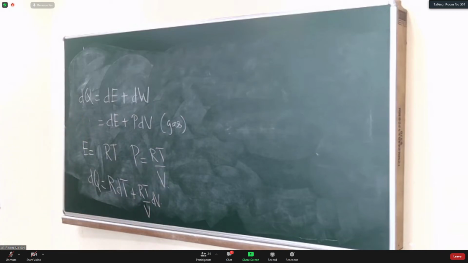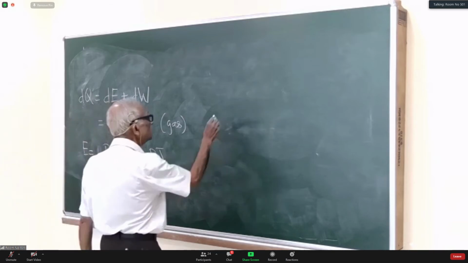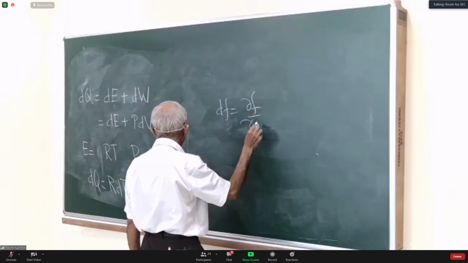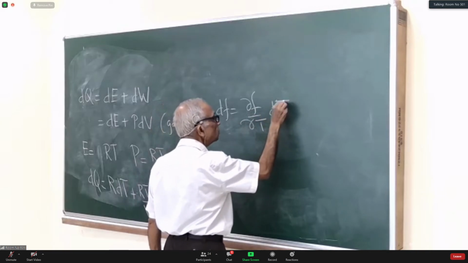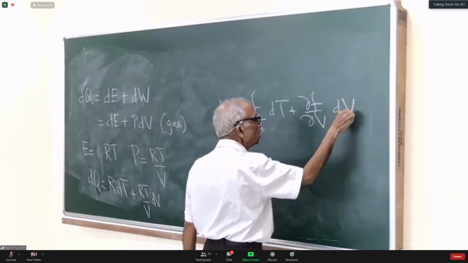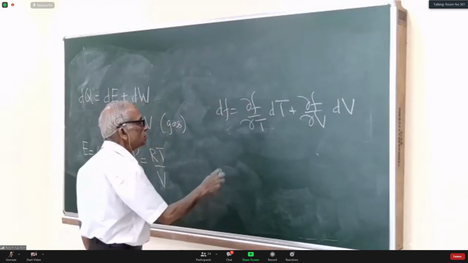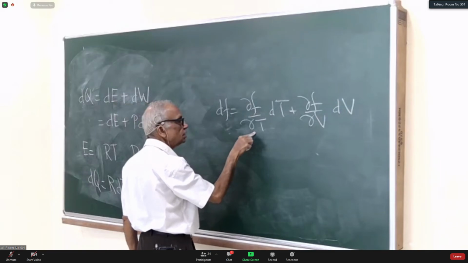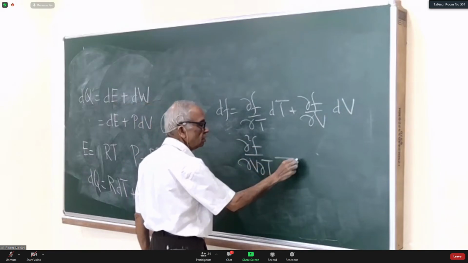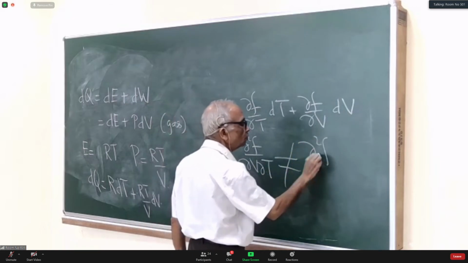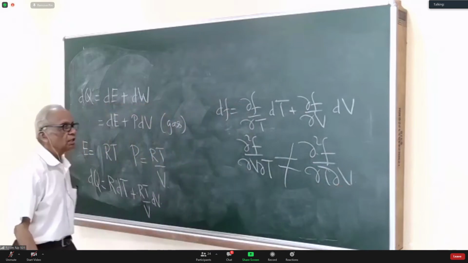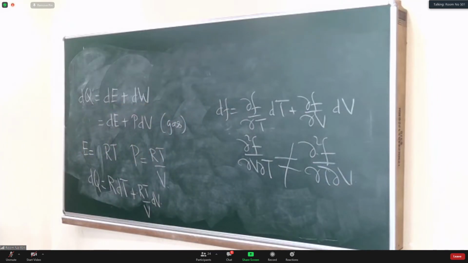So this question of writing df equal to del f del T dT plus del f del V dV is gone, because del squared f del V del T is not equal to del squared f del T del V. That equality is not there.